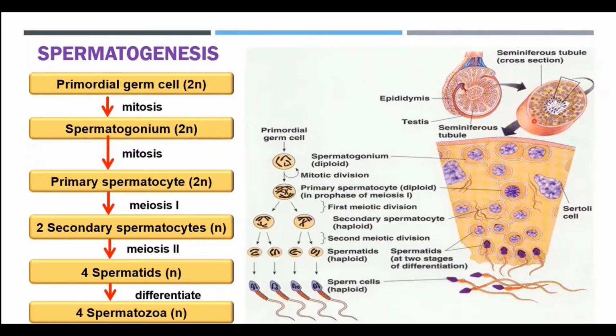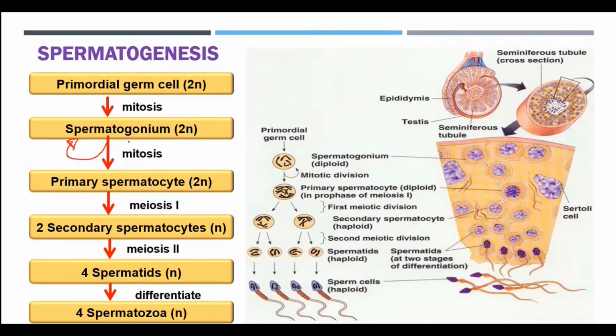One spermatogonium, which is diploid, will start to undergo mitosis, and we need to remember that through mitosis, one cell produces two cells. So through mitosis, one spermatogonium divides to become another spermatogonium.